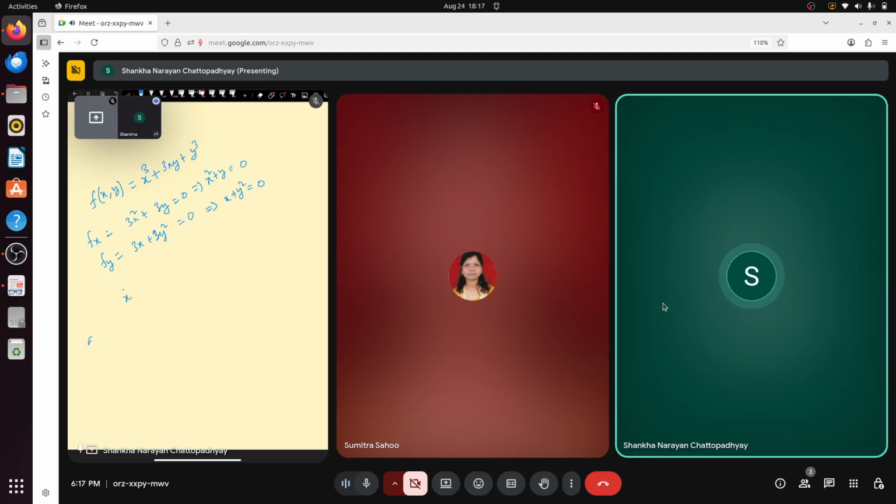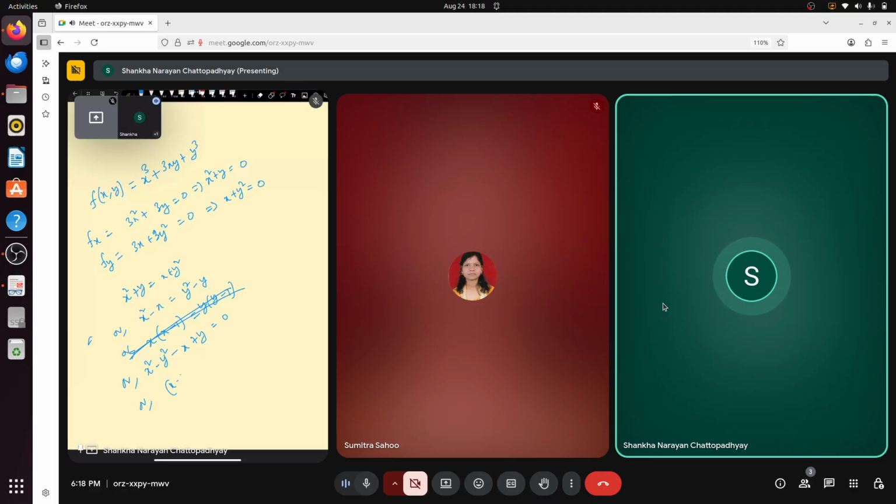Now you equate them: x square plus y equal to x plus y square, so x square minus x equal to y square minus y, that is x square minus y square minus x plus y equal to 0.